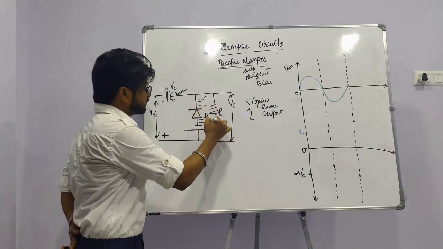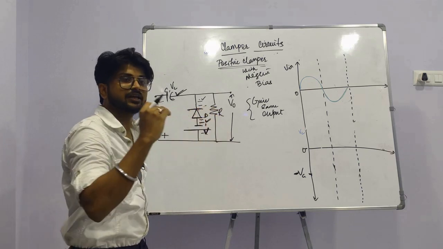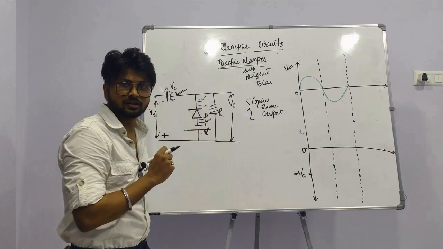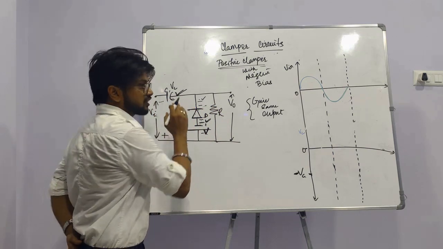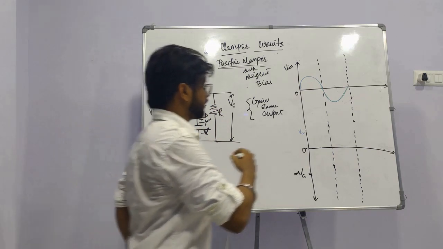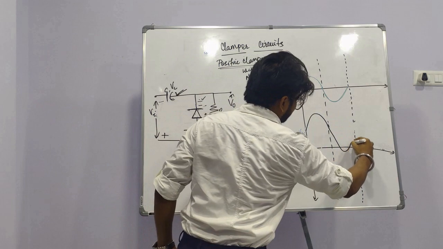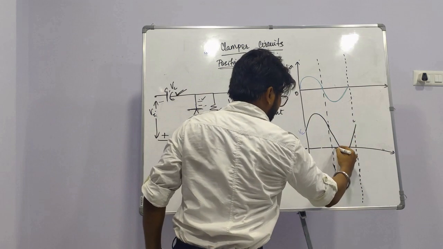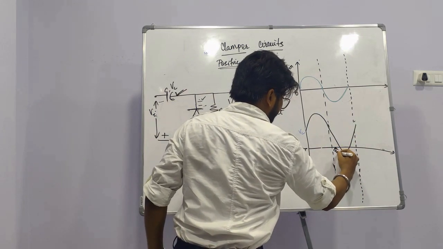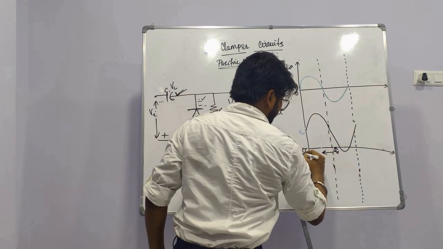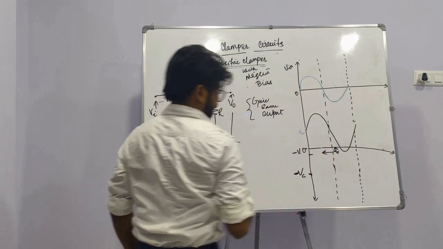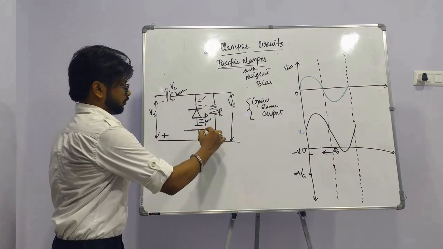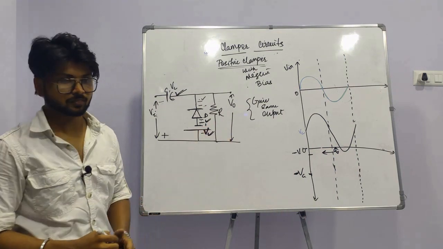Then when Vi becomes greater than V, it again goes to the forward bias condition where it starts conducting. So we have a graph where this range of voltage is minus V for this DC voltage source.